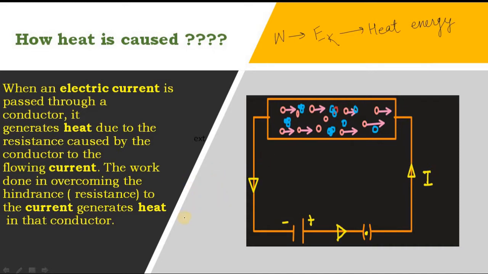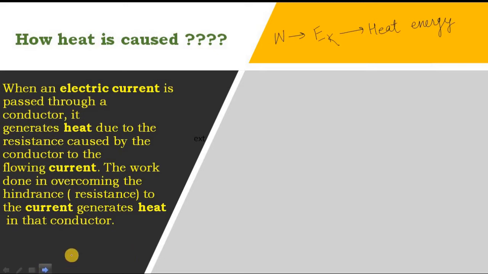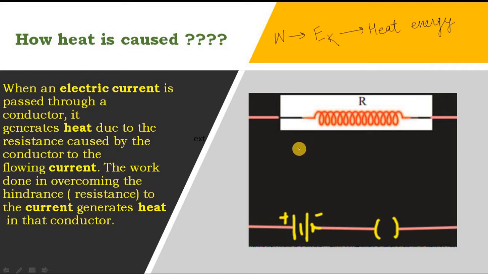Now move forward. Here it is shown when we pass current through this conducting wire, the resistor, it becomes red hot. In case of bulb, in case of electric heater, in case of any heating appliance, the same thing happens.